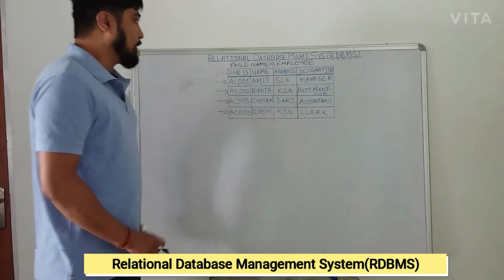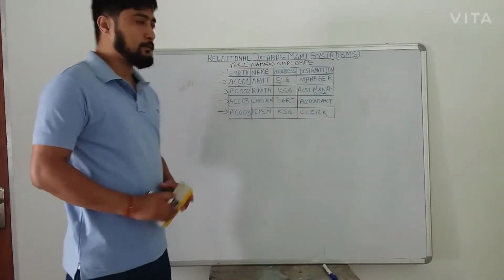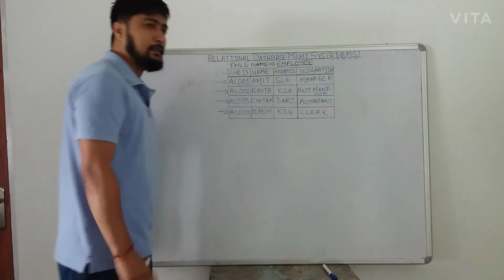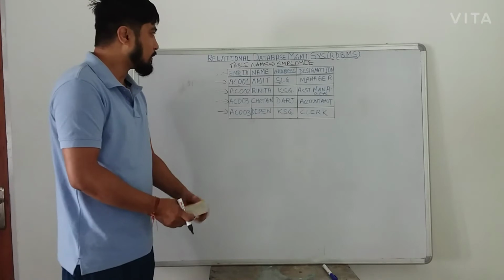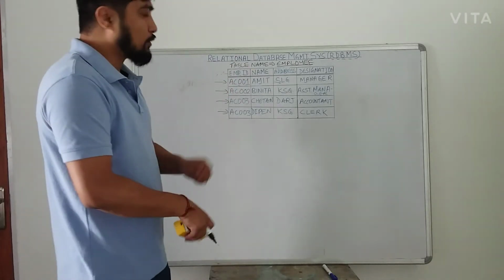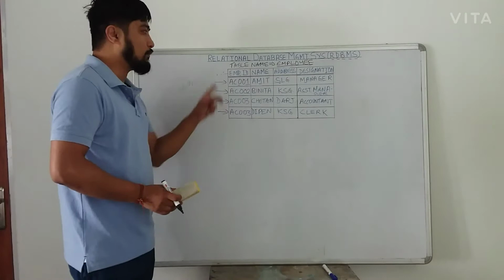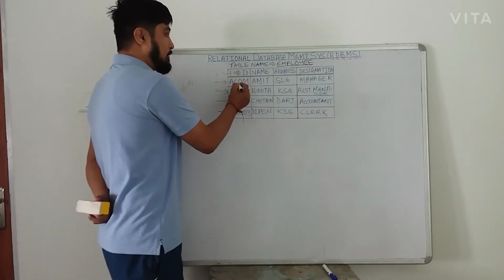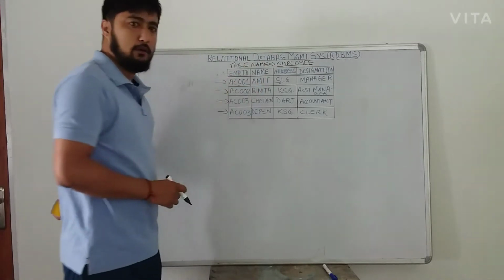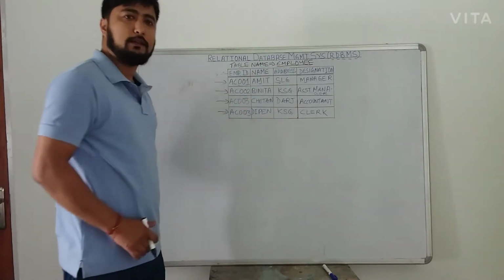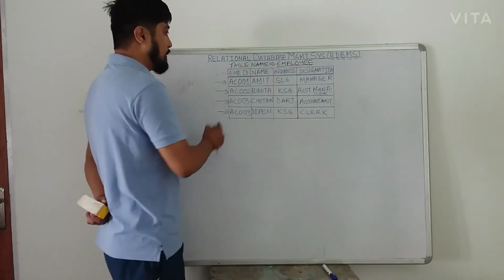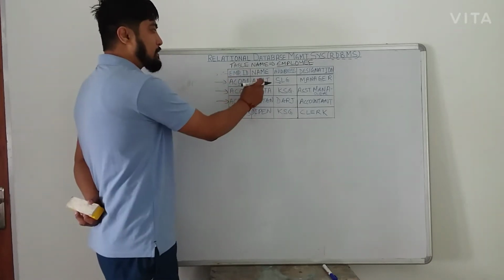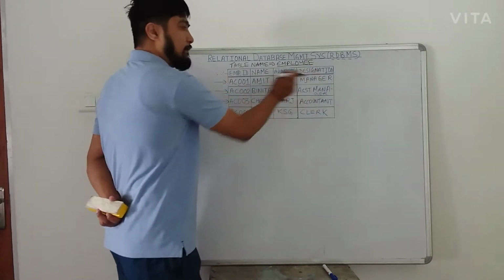Now I have drawn a table where the table name is employee. In this relational database system, we know that a table is a collection of rows and columns, and all the values of a row are interrelated with each other. For example, the values of the fields EMPID is AC001, name is Amit, address is Siliguri, and designation is manager.